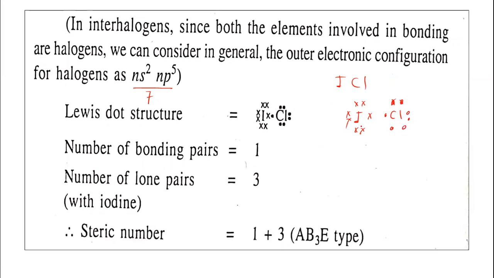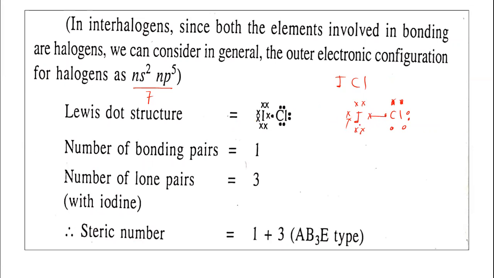Iodine is the central atom. On the basis of this Lewis dot structure, we can determine the steric number. So first of all, represent the molecule in the form of a Lewis dot structure.